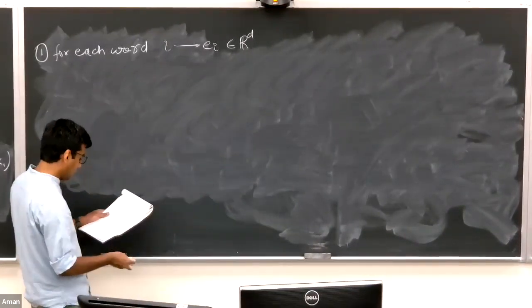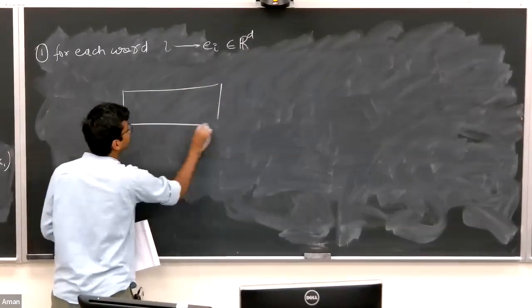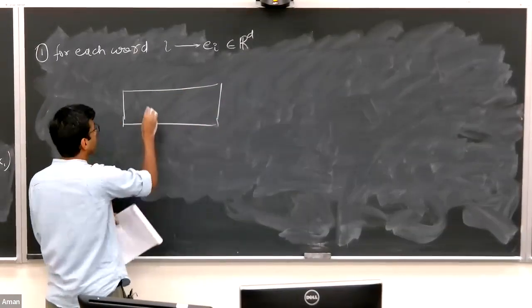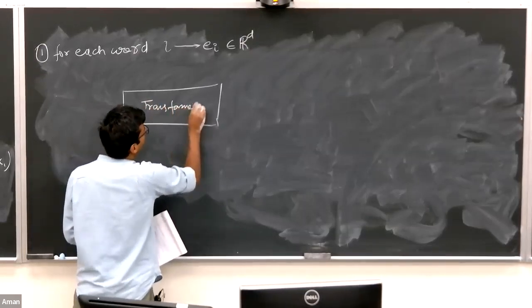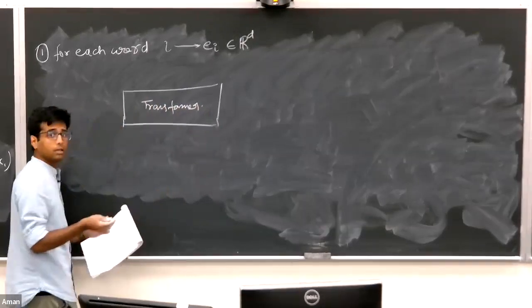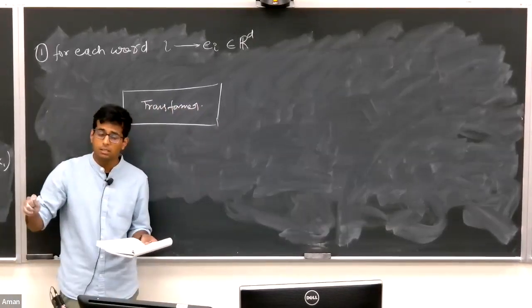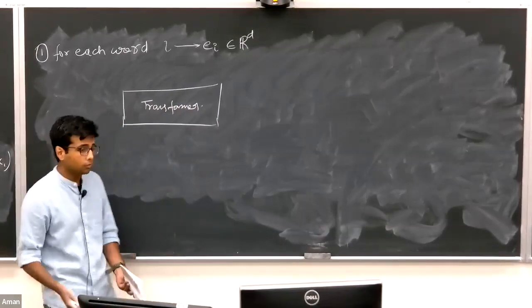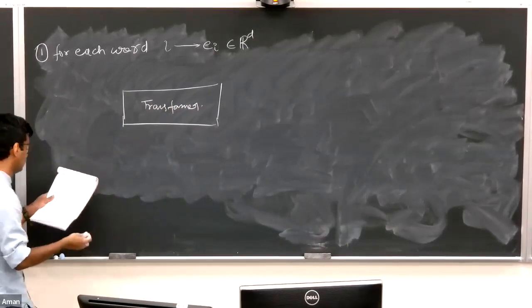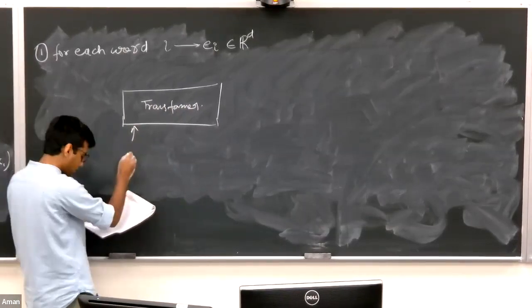Okay. And then imagine that you have a transformer. Very quickly, a transformer is a neural network architecture which takes in a sequence and gives you a sequence. So if you have, let's say, n tokens that go into a transformer model, you can extract n outputs which are all transformations of the same tokens.